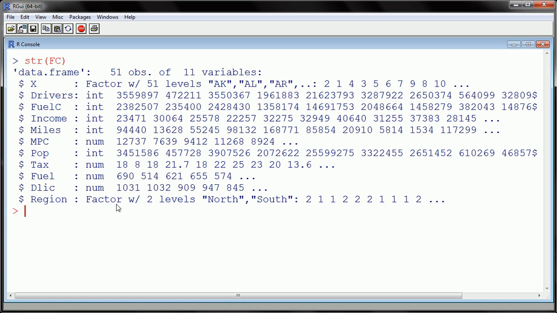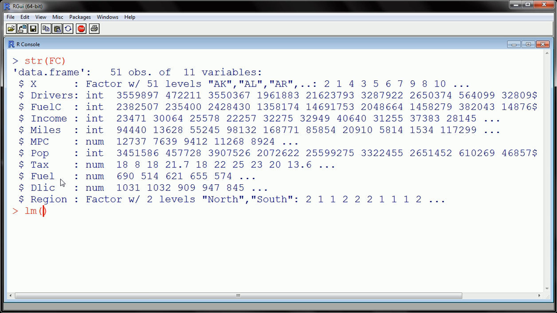Now that we know we want to predict fuel, and we have decided that the features I'm underlining here are the ones I want to use to predict fuel, in other words, my independent features, I can define this model using the lm function.